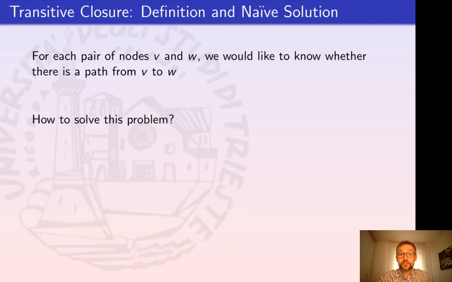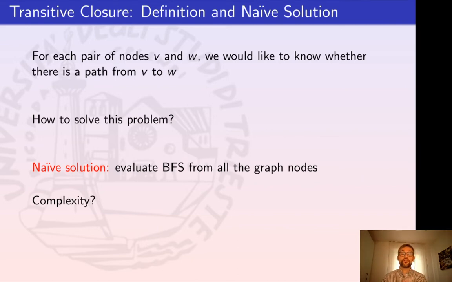Now, the problem is quite similar to what we have already solved, and you may probably already guess the possible solution. So please do it by using the chat if you can figure out a way to solve it. Well, a possible idea would be to use something we already saw, which is BFS. BFS is an algorithm which enables us to compute the distance between two nodes, but also establish whether the source of BFS can reach another node.